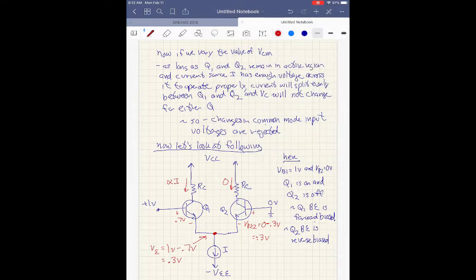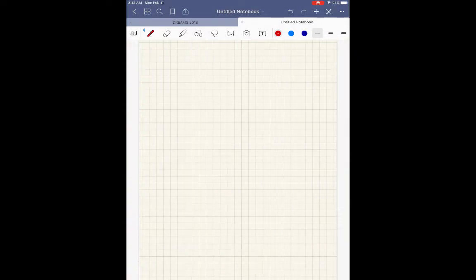All right, let's add another page here, and we can say IC1. We already did this. We wrote this on the diagram. IC1 is alpha times I, and IC2 is 0.